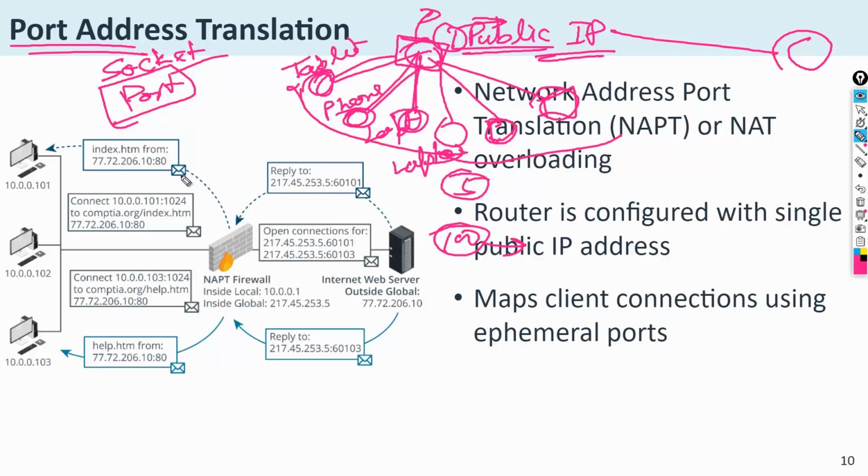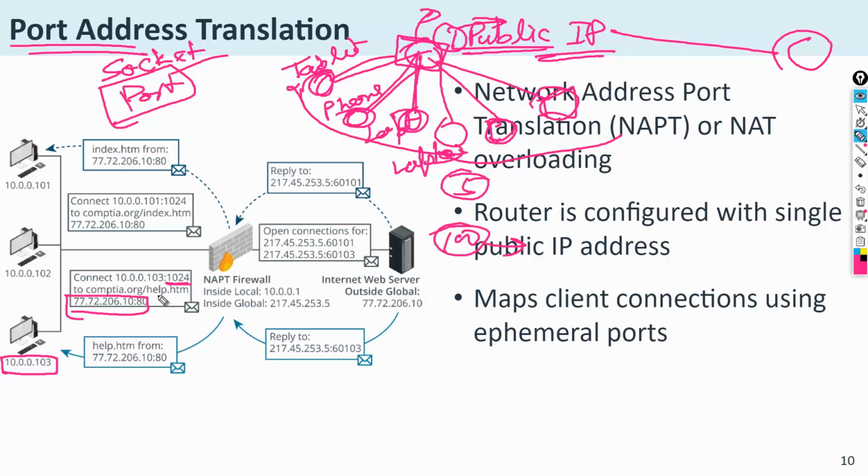For example, here is one computer which has the IP address 10.0.0.103. It has a particular port number, 1025, making the connection from this particular computer to the IP address.